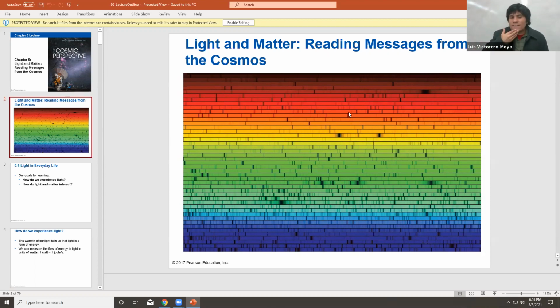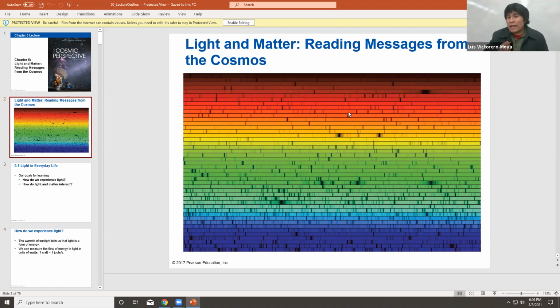Later on, when we studied other objects in the sky, we realized that different stars have gaps in different places. We also studied the spectra of the light reflected from planets and moons like Titan, Ganymede, Mars, Enceladus, a moon of Saturn, Europa. So we see that they have gaps as well.